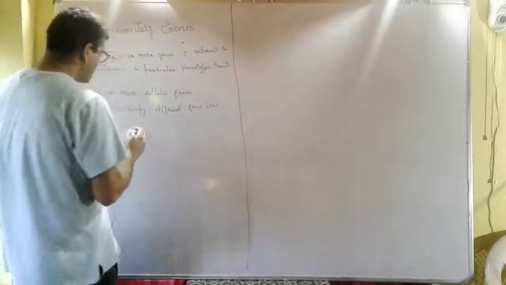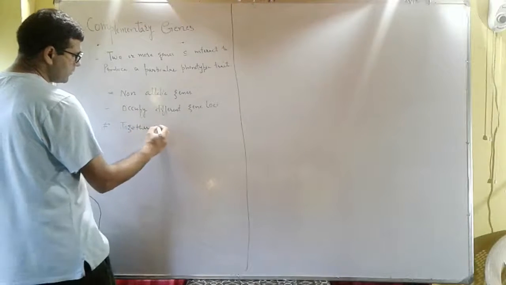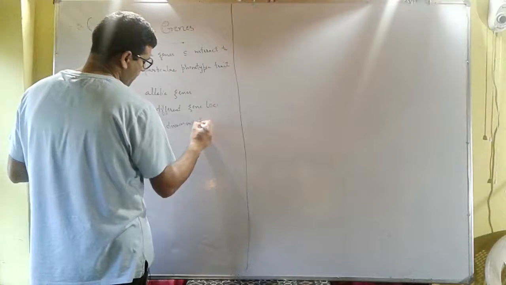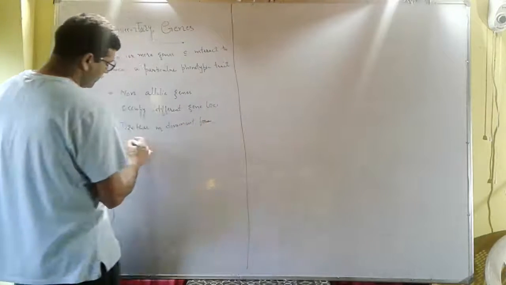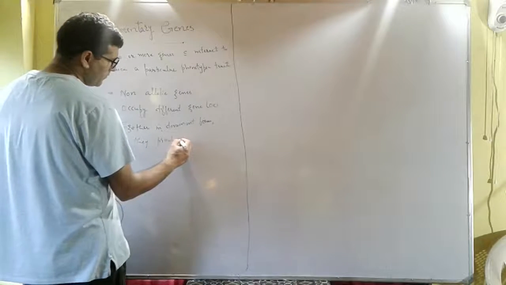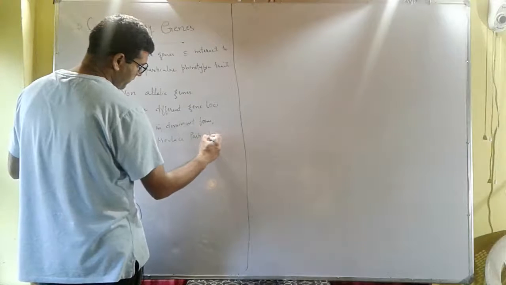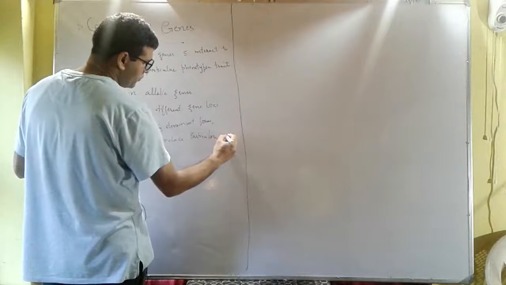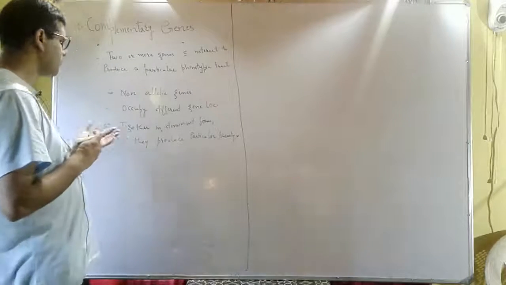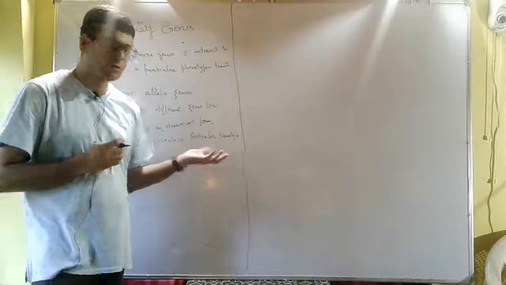Together in a dominant form, they produce a particular phenotype. That means when these complementary genes are present in a dominant form, they produce a particular phenotype.